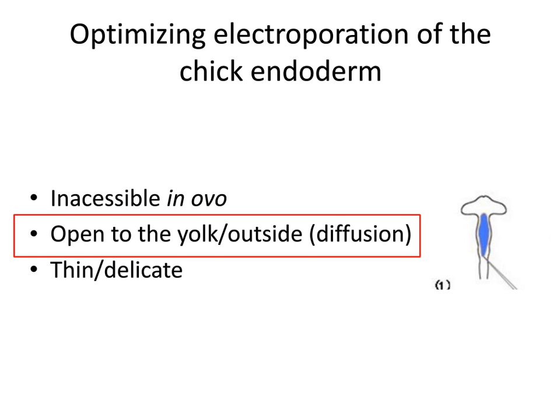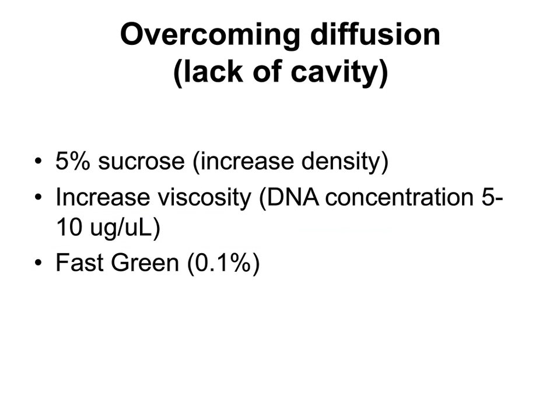So the second issue was that, unlike the neural tube, where you have an enclosed region where you can inject the DNA, the endoderm is open because it's on the outside of the embryo. And so we have to deal with the diffusion limitations, where the DNA can be injected near the endoderm, but will immediately go into the surrounding solution. The solution to this problem came through a combination of trial and error and also interactions with the lead engineer at Nepagene.